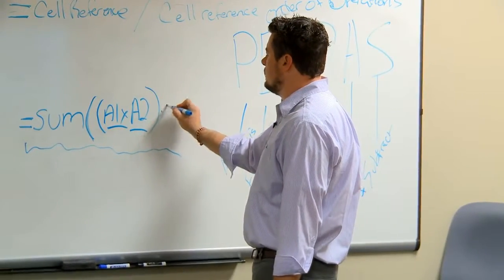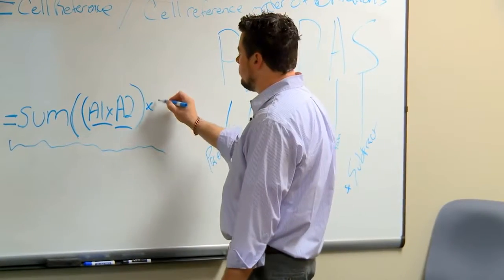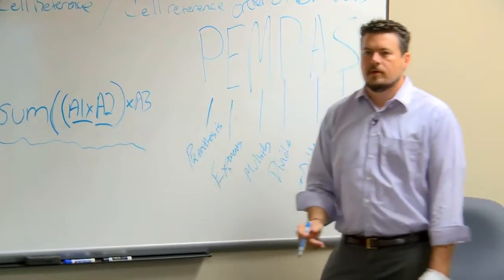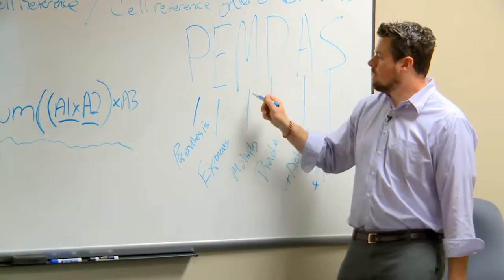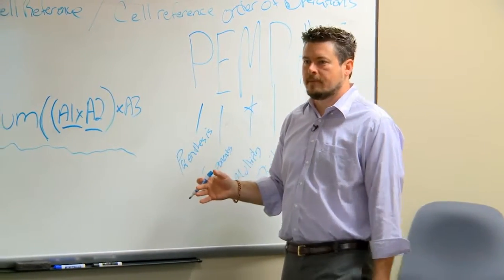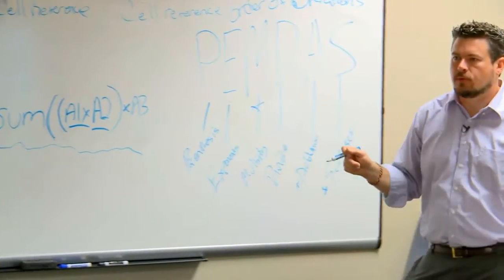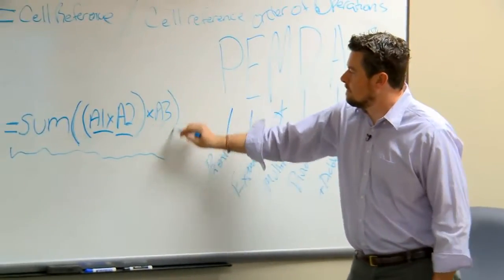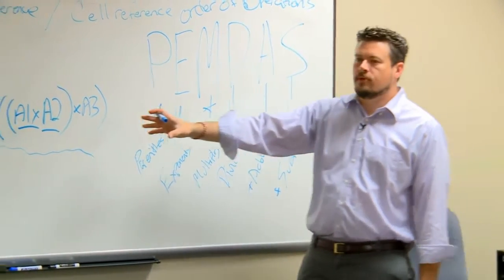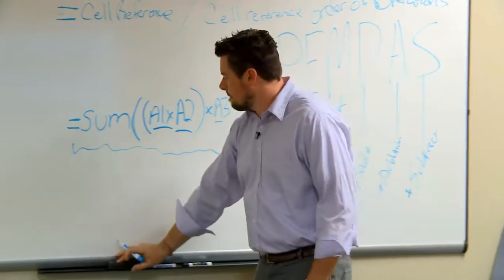I can then do another multiplication and maybe multiply it by A3. So I know at the same level, multiply should be run at the same time. But I know based on what's called the order of operations, actually I better end this, that I have to do whatever's in the parentheses first and then be able to multiply it.